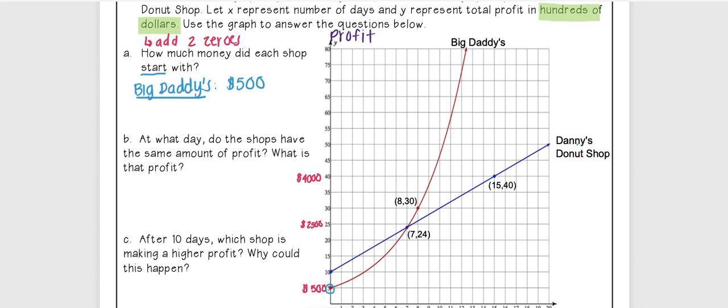And then I'm going to look at Danny's Donut Shop. That is my blue line. And I see it starts at the 10, but remember I need to add 2 zeros to that, so that's really $1,000. So Big Daddy started with $500, Danny started with $1,000.